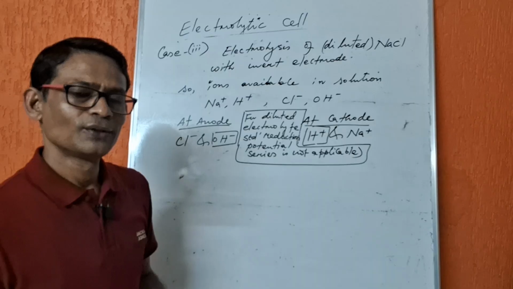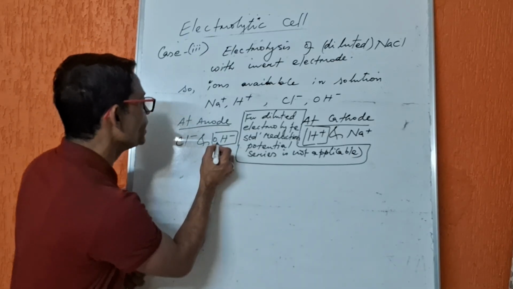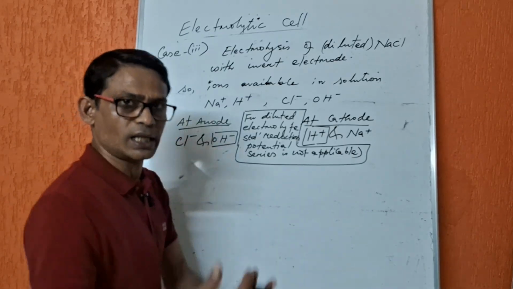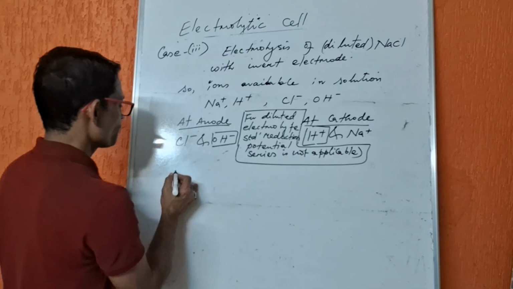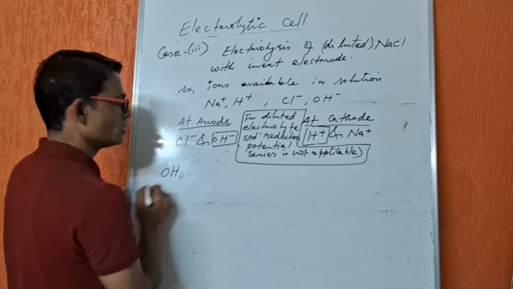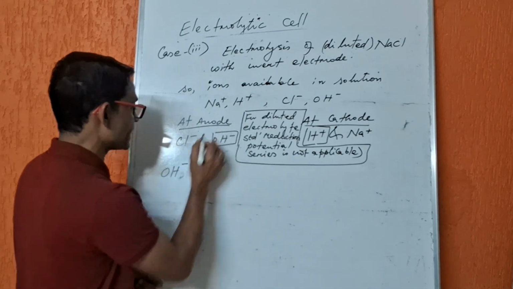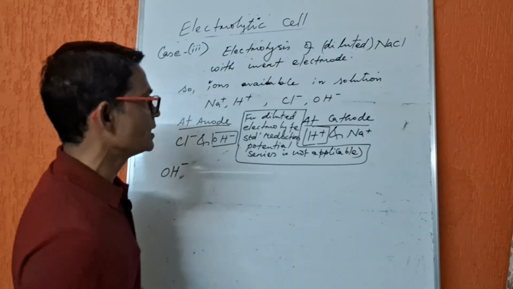The concentration of OH minus is too high, so OH minus will move towards the anode and oxidize.